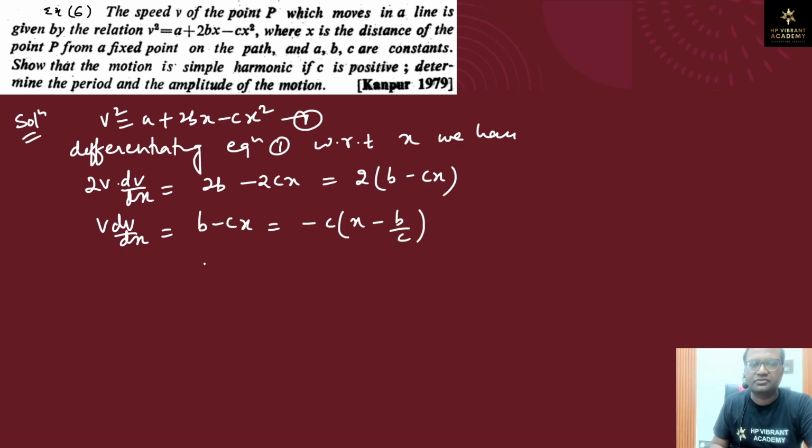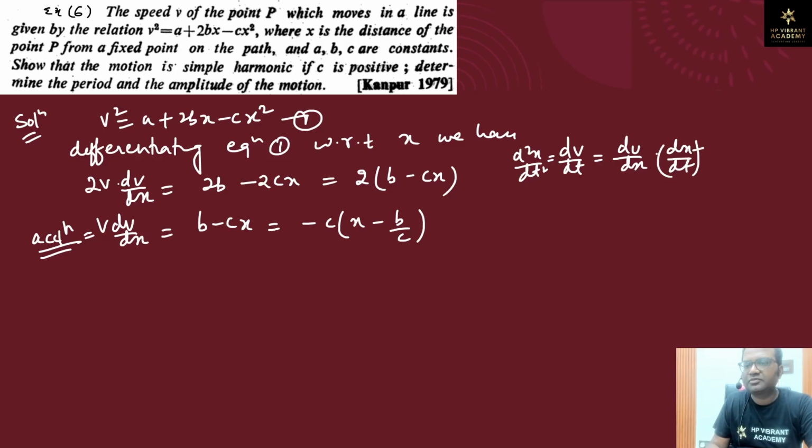We can write the acceleration as dv by dt, so d2x upon dt square is equal to dv by dt, which we can write as dv upon dx into dx upon dt, and dx upon dt is v, so it is v dv upon dx.